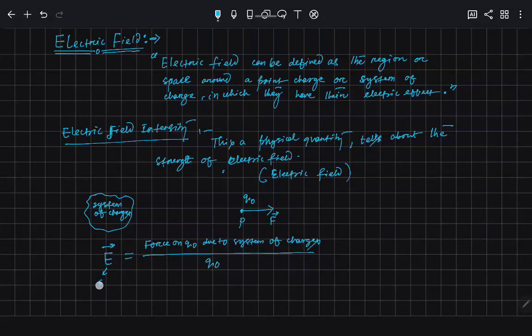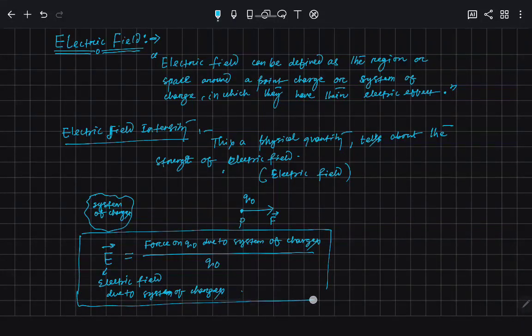This is the electric field due to the system of charges.